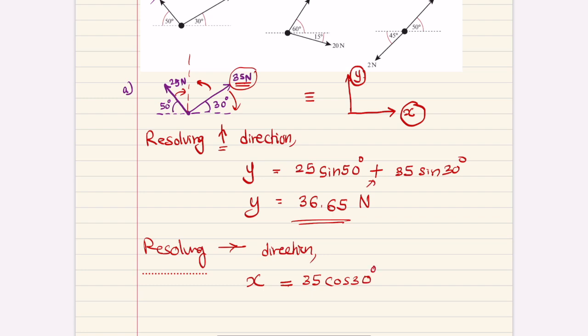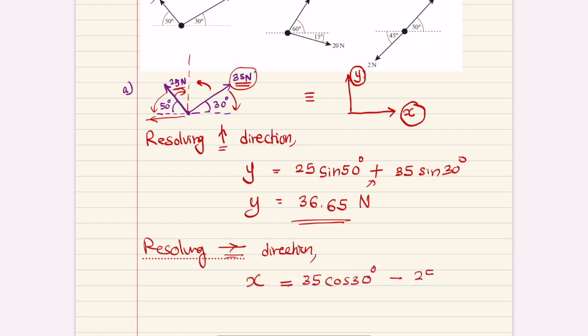Now if you look at the other angle, it will be 25 cos 50, but it is opposing the direction that we considered. So you put a minus, because it's going against the direction that we assumed at the beginning.